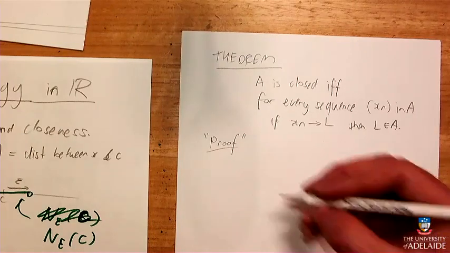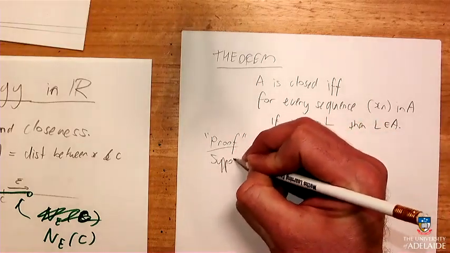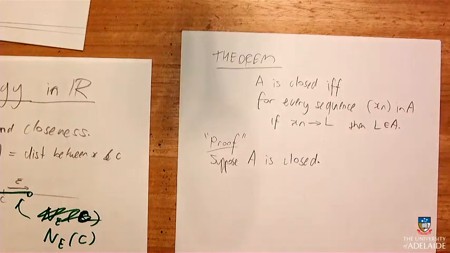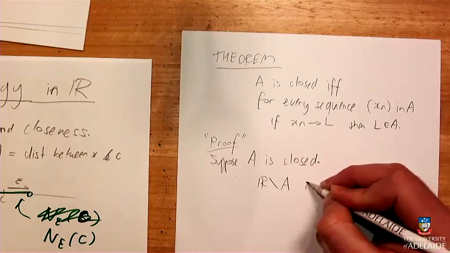So closed. Suppose A is closed, and the definition of closed is usually that the complement is open, I believe. So therefore, R without A is open.